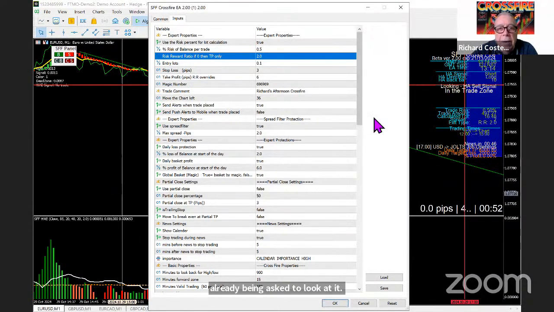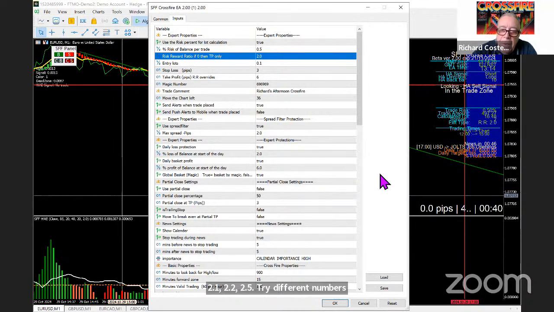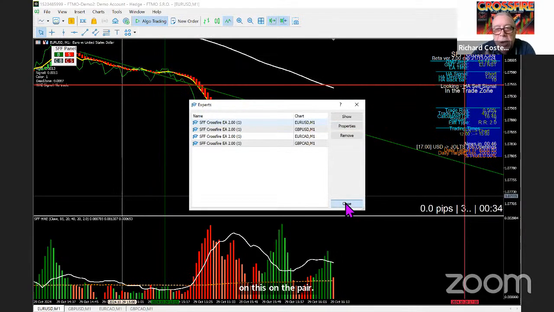But if you want to play around with it, by all means, try it at 2.1, 2.2, 2.5. You try different numbers and see if they will take it. But it does depend on the pair, because it's all to do with your broker spread.